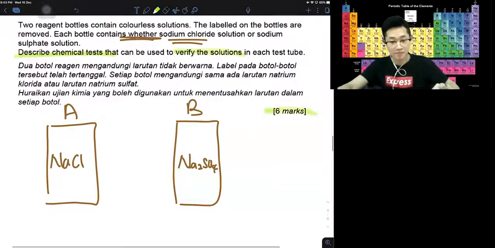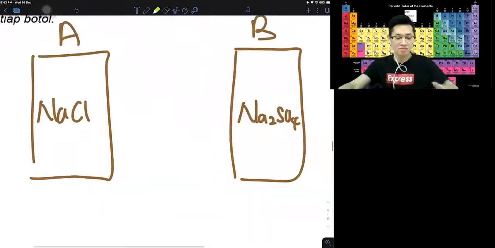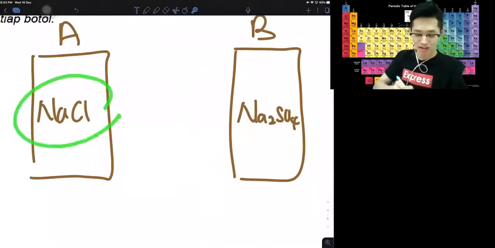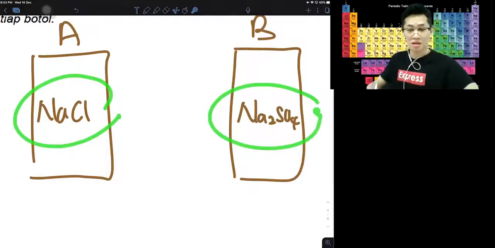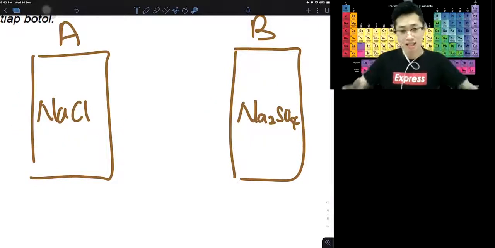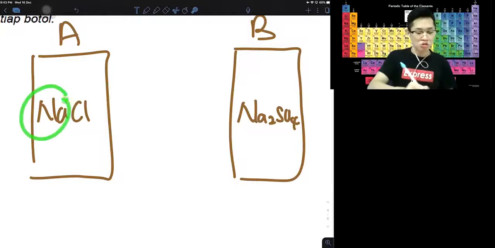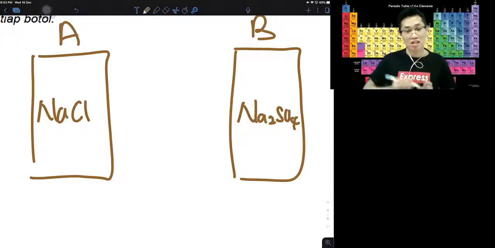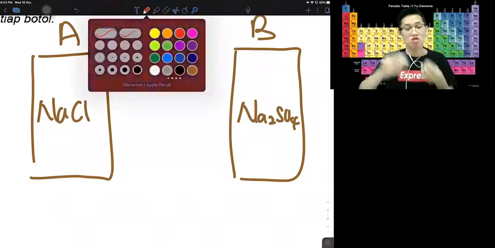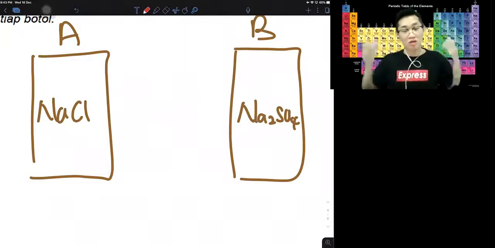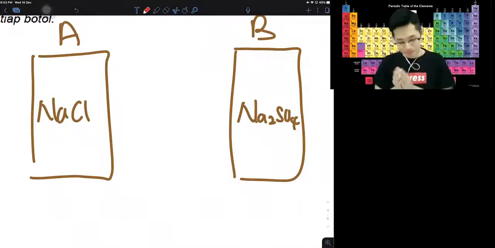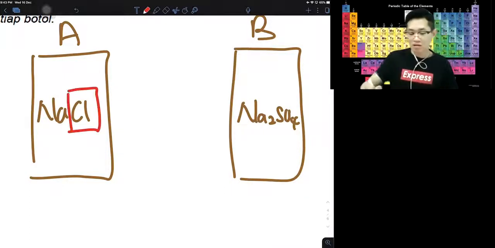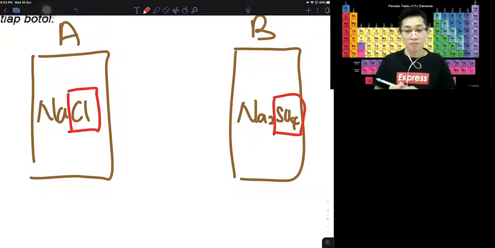Okay, first, we look at these 2 bottles. They might be sodium chloride, they might be sodium sulfate. So the similarity is they both are sodium. So that means you are not going to test the sodium, because if you carry out a sodium test, then both will show a positive result. Cannot. So the difference here, one got Cl, another got SO4.